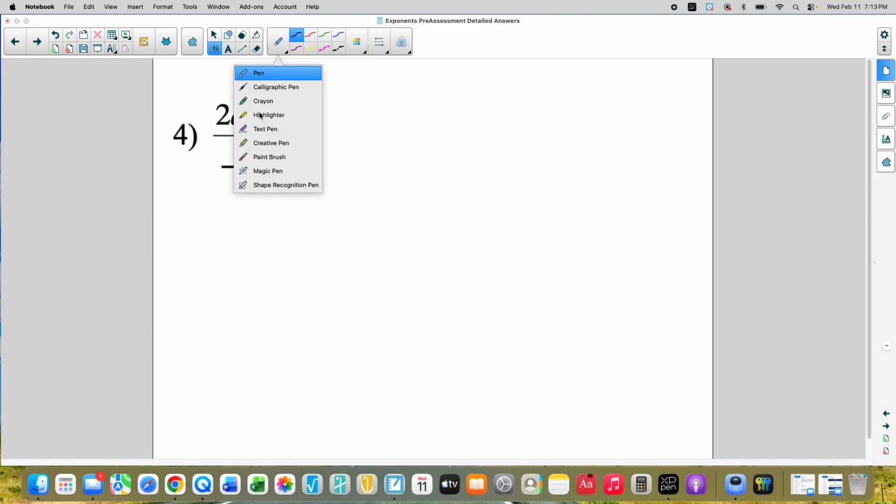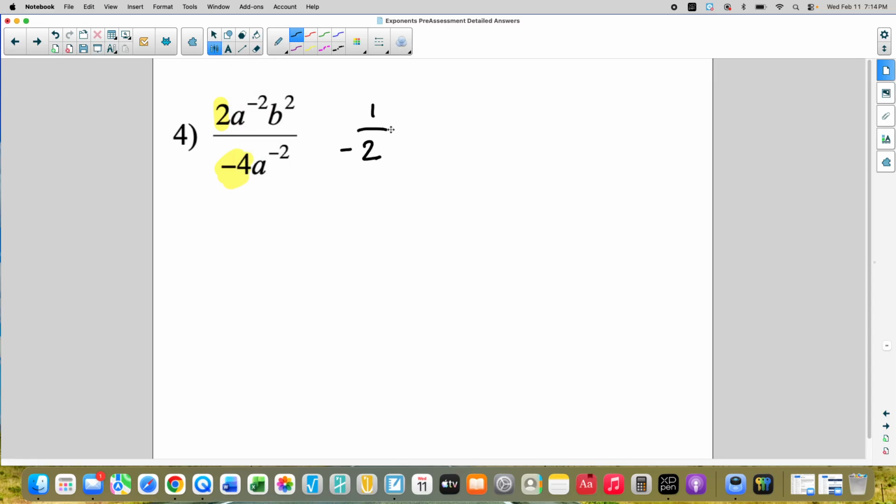Same thing. Let's deal with the coefficients. 2, negative 4. That reduces to 1 over negative 2. Deal with the a's. Negative 2 and negative 2. So that would be a to the negative 2 minus negative 2. And then you have your b squared.